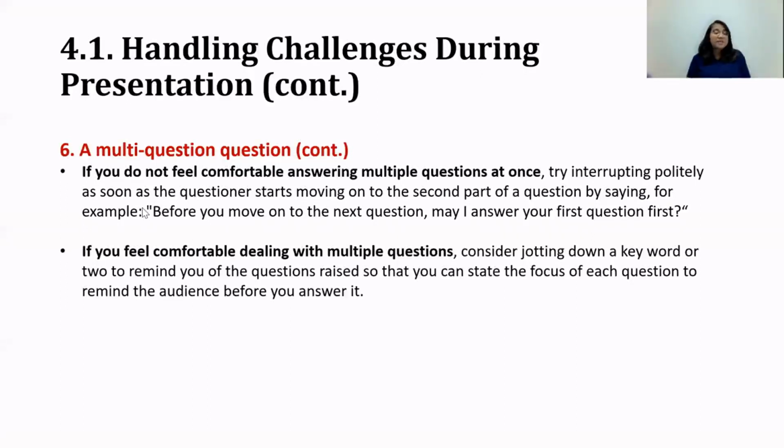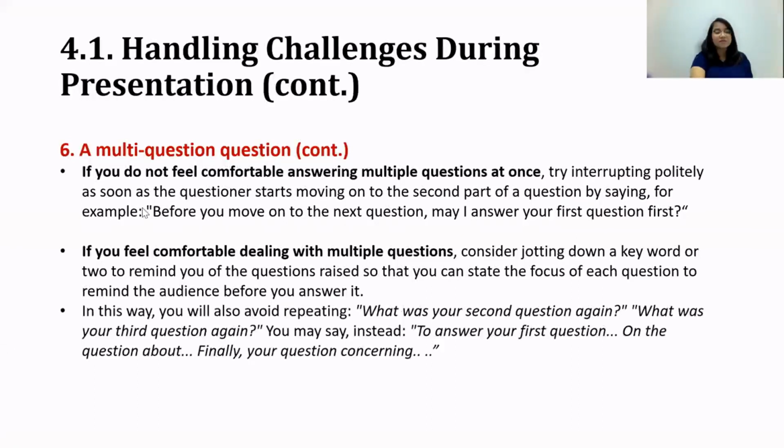But if you feel comfortable dealing with multiple questions, consider jotting down a keyword or two to remind you of the questions raised, so that you can stay focused on each question and remind the audience before you answer it. So you can find help from your notes, take notes on several keywords to remind you of the questions.